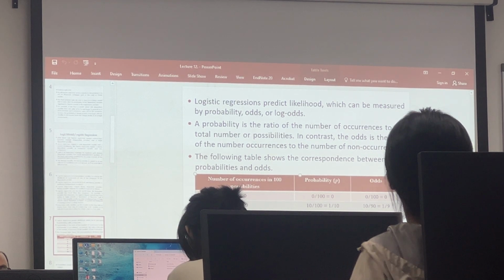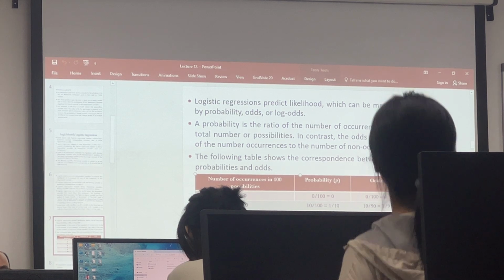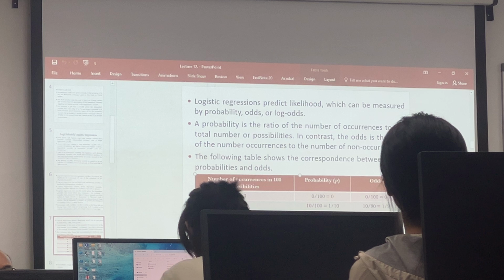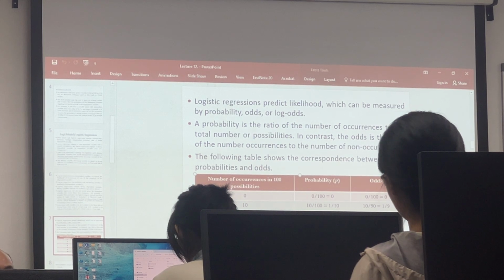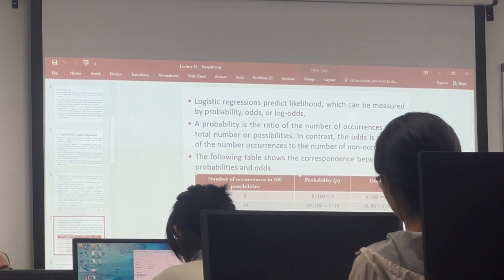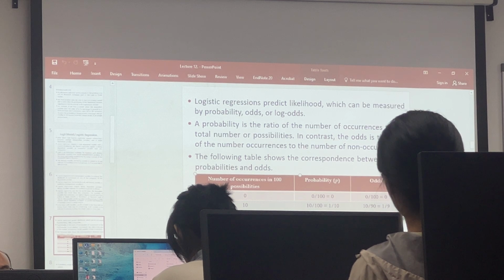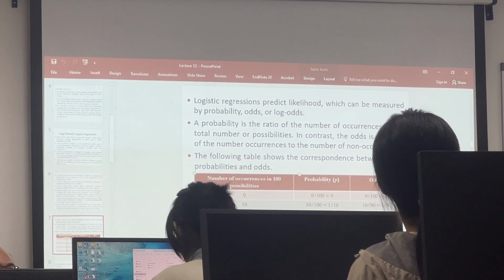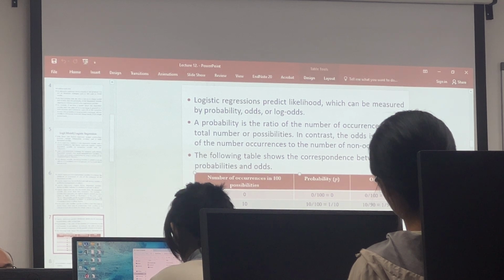If it is 50, in terms of probability there is equal probability of getting heads and tails. For the odds, it is equal to 1, because 50 heads over 50 tails equals 1.